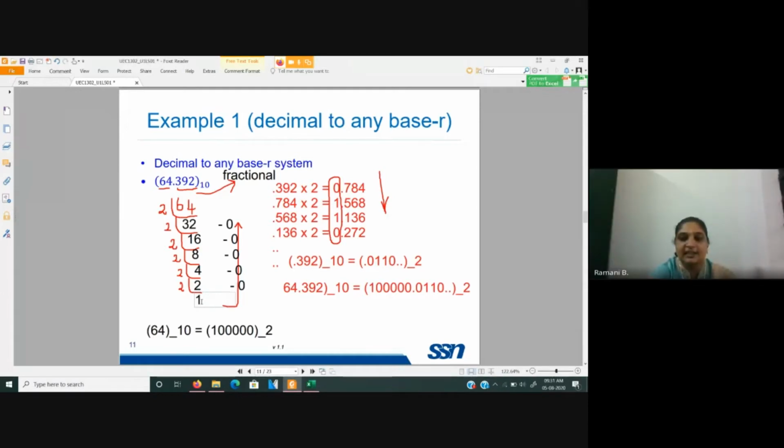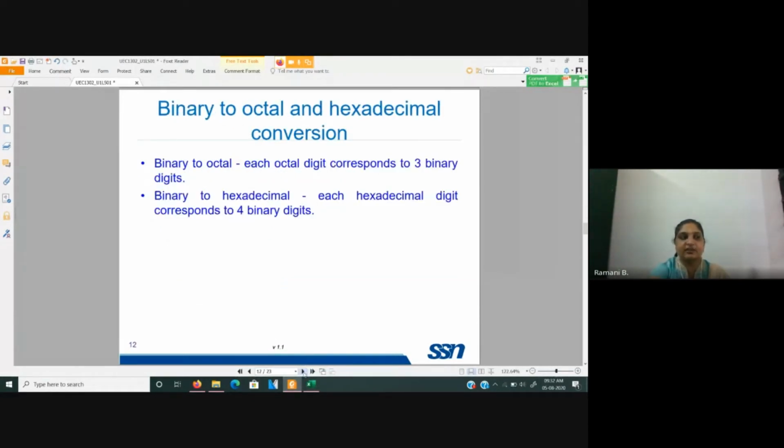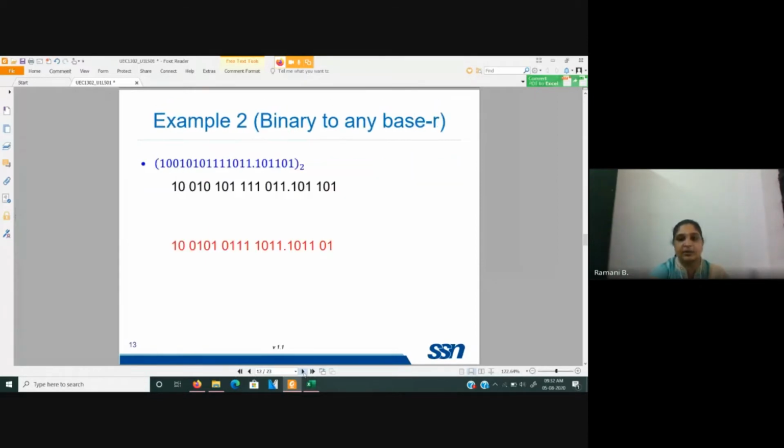Yes, here I should have given a 0. I left it out. Okay, now it is right? Yes. Thank you for notifying. Till the end, you have to give the remainder and the corresponding quotient value.